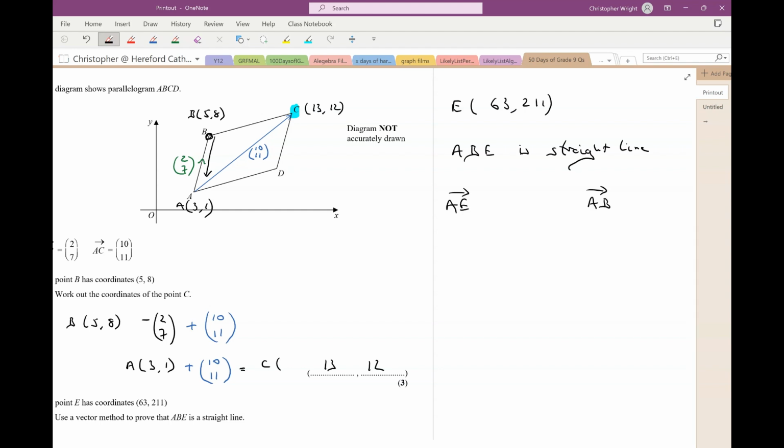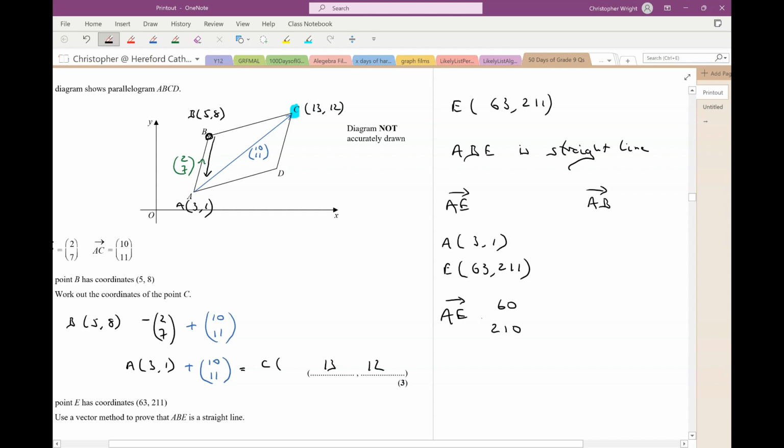So let's find the vector from A to E. I know the coordinates of A are (3, 1), and I know the coordinates of E are (63, 211). So to go from A to E, I'm going from 3 along to 63 along, so that's a horizontal movement of 60. And I'm going from 1 up to 211 up, so that's a vertical movement of 210.